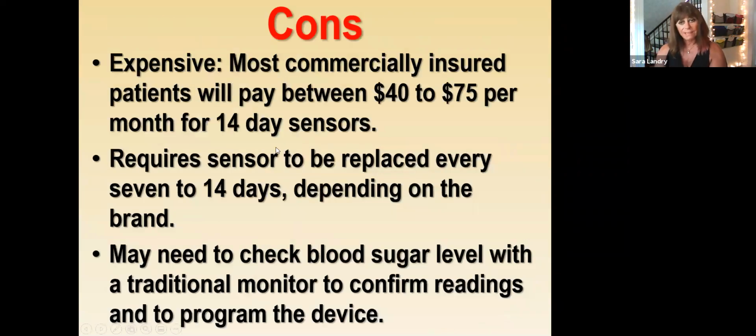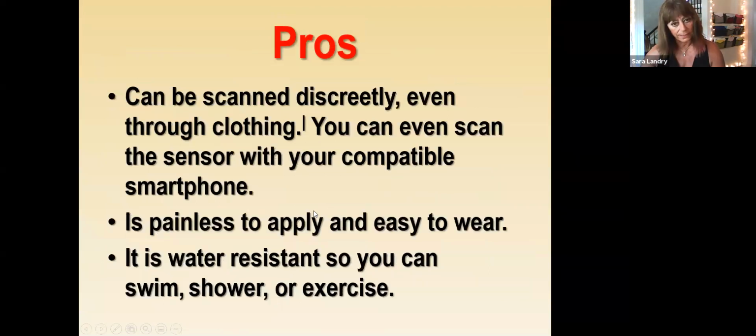Now, some of the cons are that it can be a little bit expensive depending on your insurance policy. Most commercially insured patients will pay between $40 and $75 a month for 14-day sensors. And the sensors have to be replaced. You have to take the thing off your arm and replace it about every 14 days. And every once in a while, you have to check your sensor to make sure that it's reading correctly.